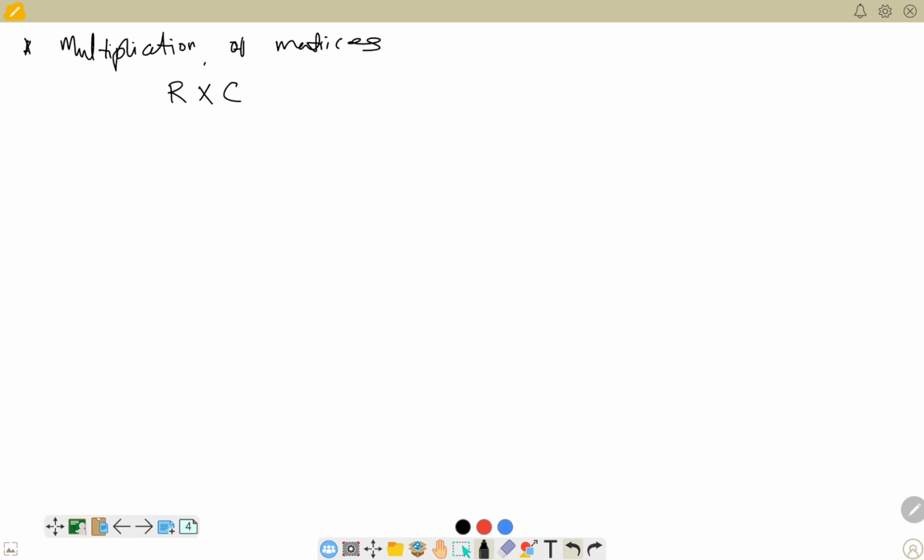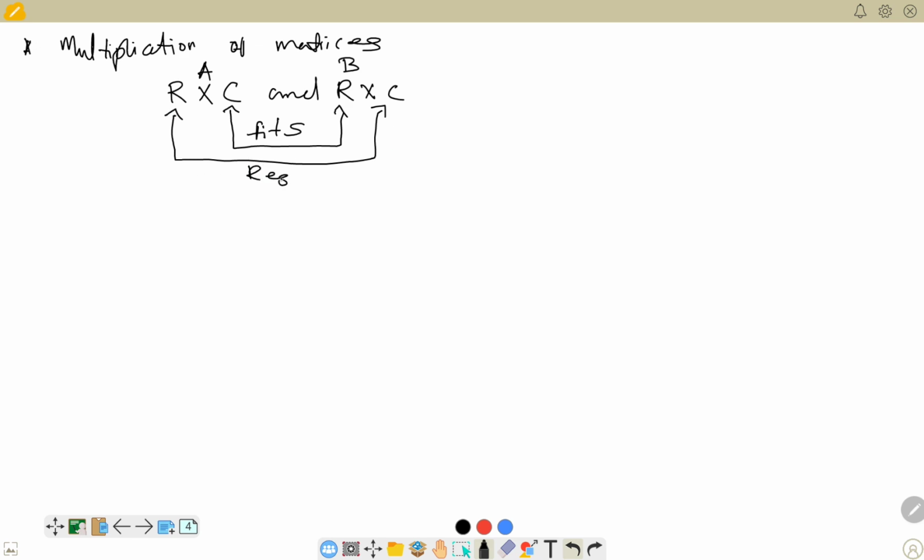So if here I have matrix A, and let me just write rows times columns, it's the order of a certain matrix. So if the number of columns on matrix A is equal to the number of rows on matrix B, we can multiply. So we can say it fits the multiplication rule. And then those values show us the resulting matrix. So we'll see how it works.